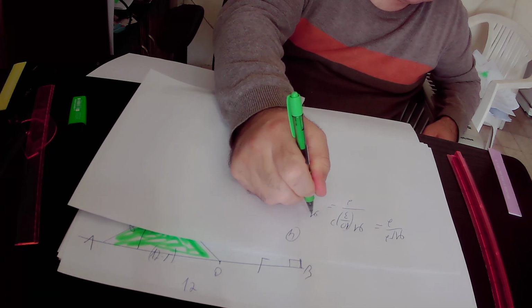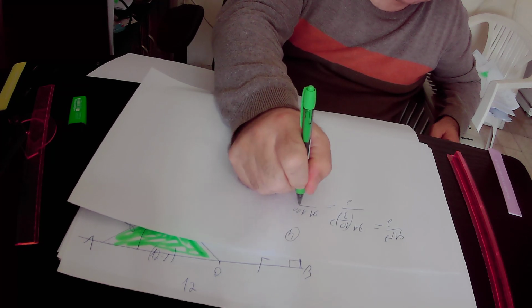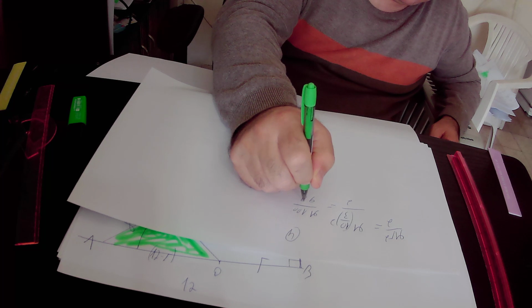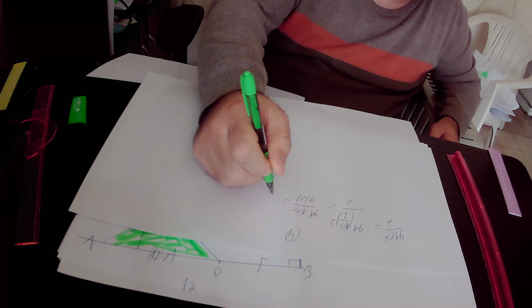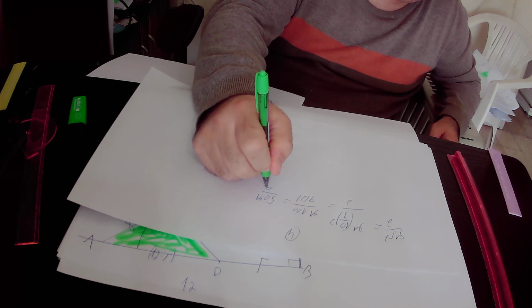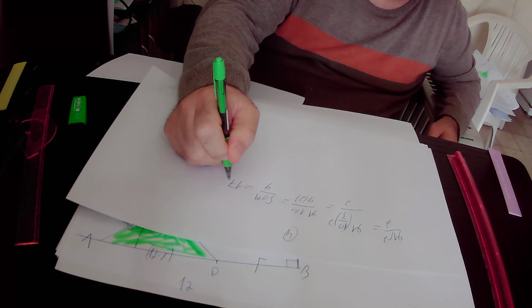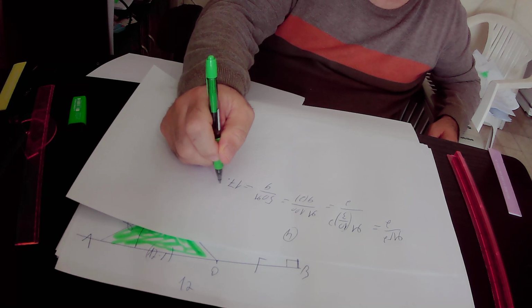So it is pi, and 10 over 3 square is 100 over 9, all divided by 2. 100 over 2 is 50, so it is 50 pi over 9 square units, or in terms of numbers, the area of the semicircle equals 17.45 square units.